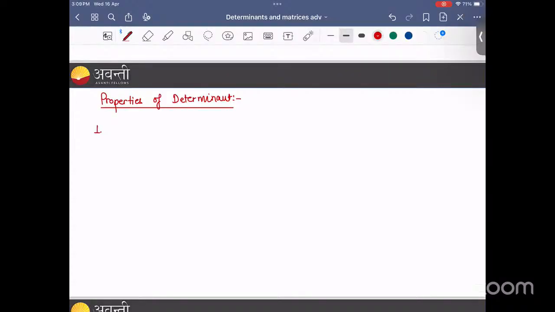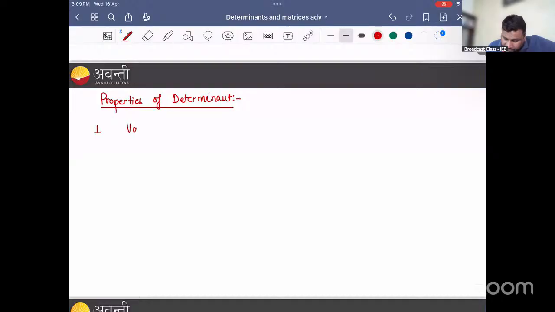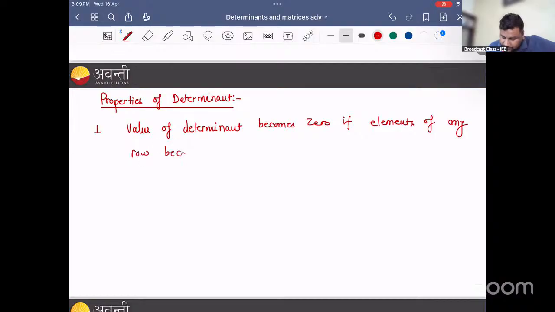No, sir. See, first property is value of determinant becomes 0 if elements of any row or column becomes 0.